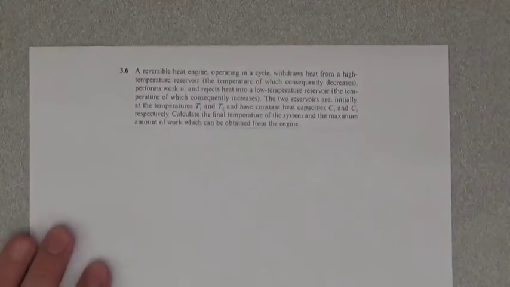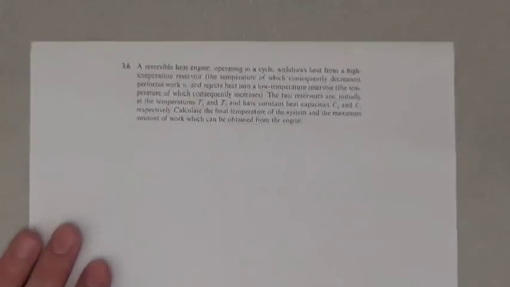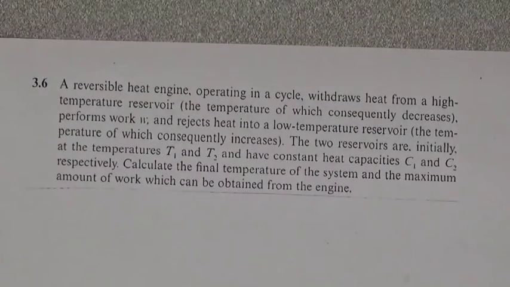So let's now look at the final problem in Chapter 3. This is problem 3.6. And this is a problem about a reversible heat engine, but the reservoirs which it is taking heat from are finite size.